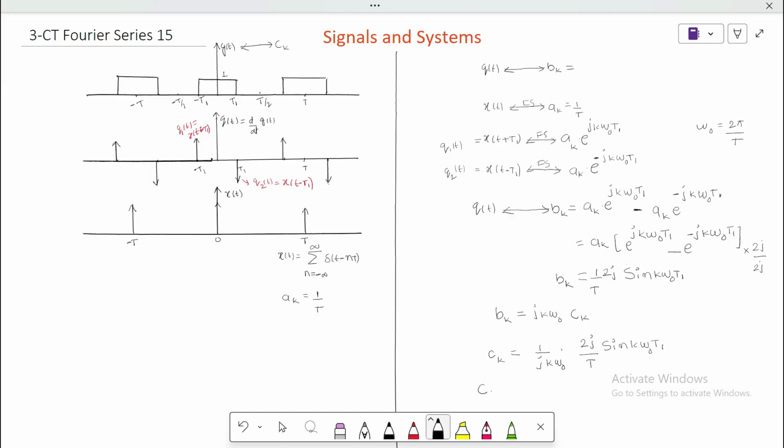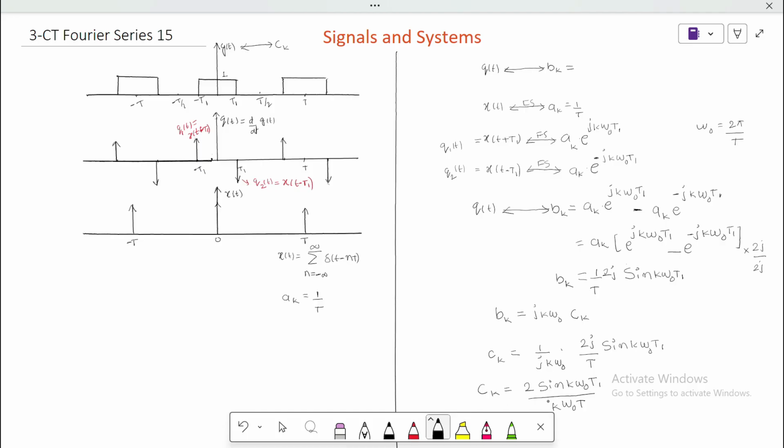So the overall ck equals 2 sine of k omega naught t1 divided by k omega naught T. So this is the g of t Fourier series coefficient formula.